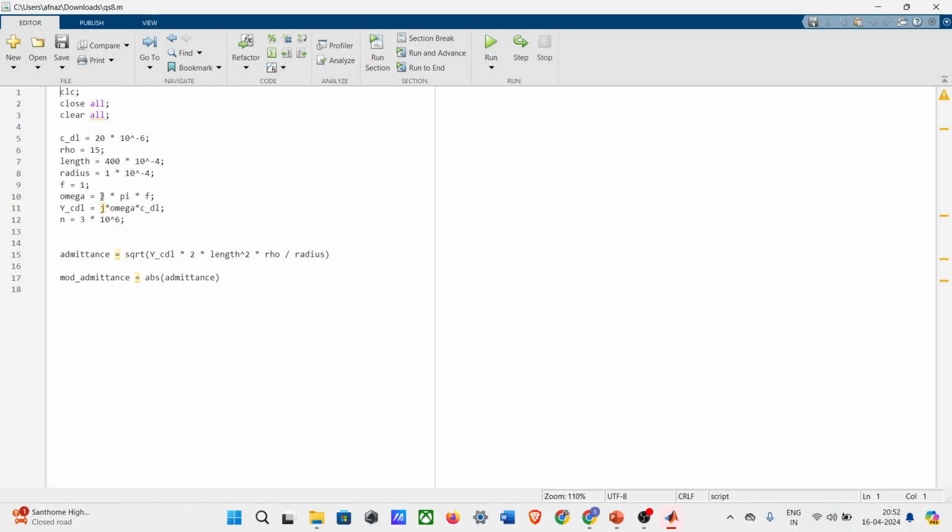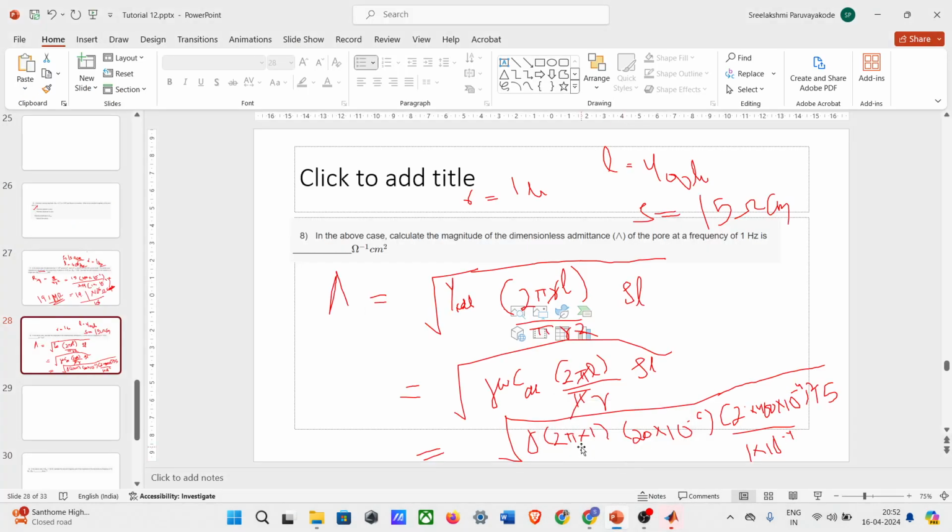F it will take from here. YCDL is J omega CDL. J in MATLAB is assigned to the complex number, so I directly wrote J omega CDL. N is 3 into 10 to the power 6. You're supposed to find the admittance value, which is nothing but the square root of YCDL, same as what we wrote over here, square root of J into 2 pi.